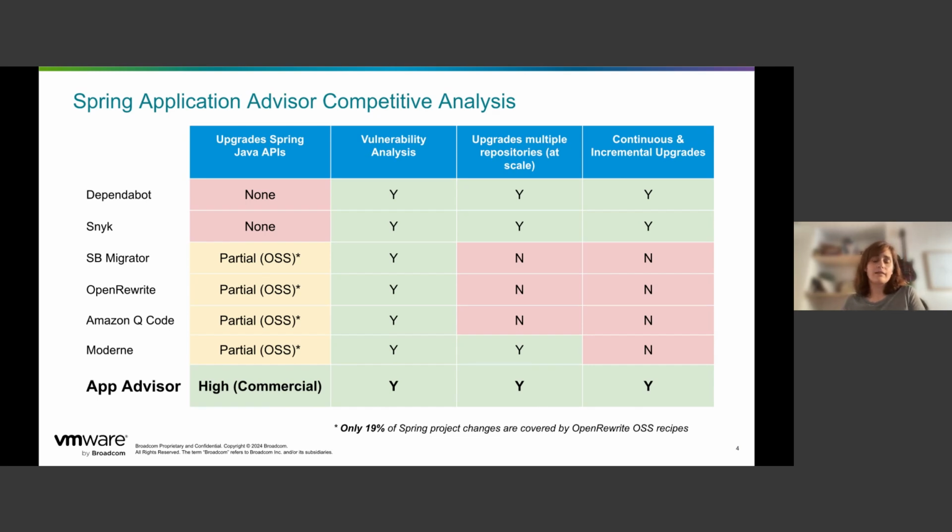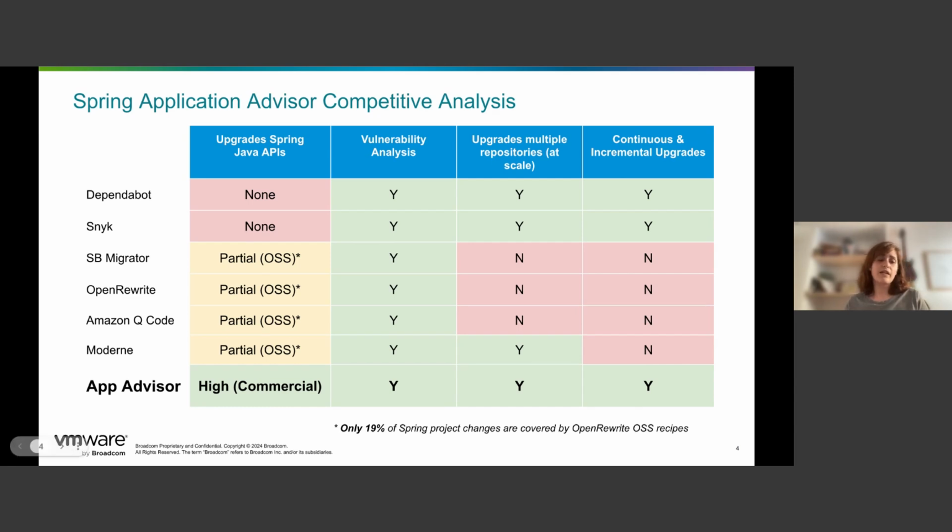On the other hand, we have all these different OpenRewrite-based solutions, and OpenRewrite is an excellent tool to design and apply automatic code changes. However, only 19% of the Spring project versions are now covered by open source recipes.